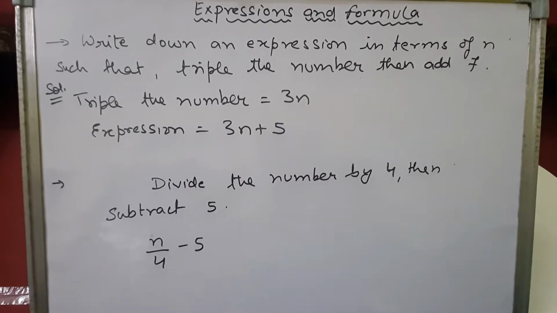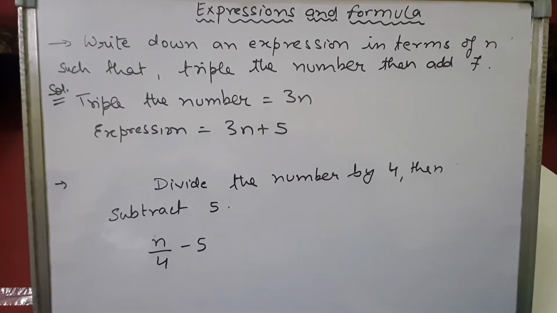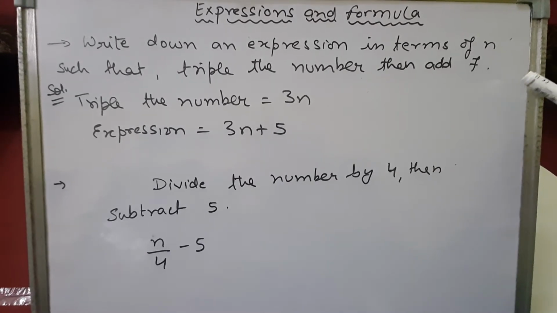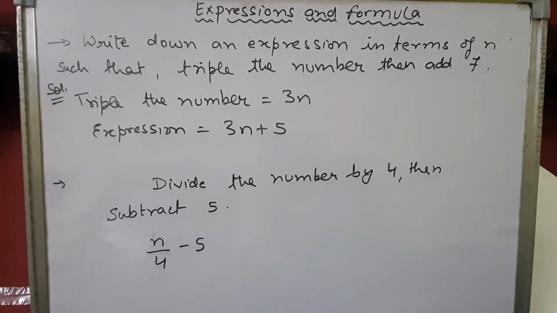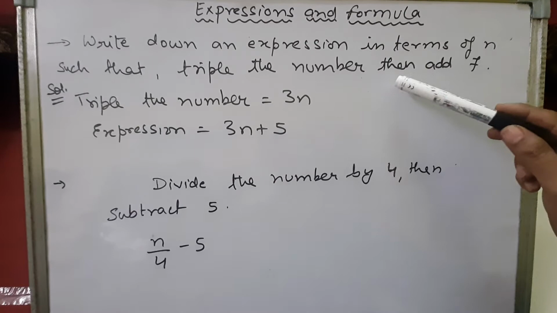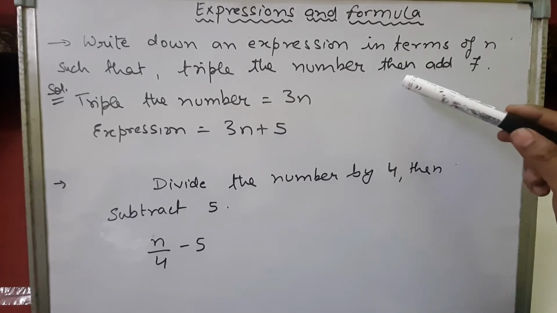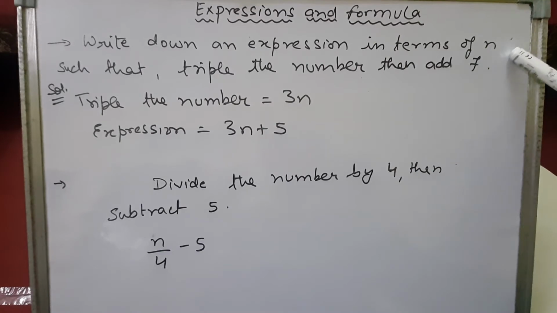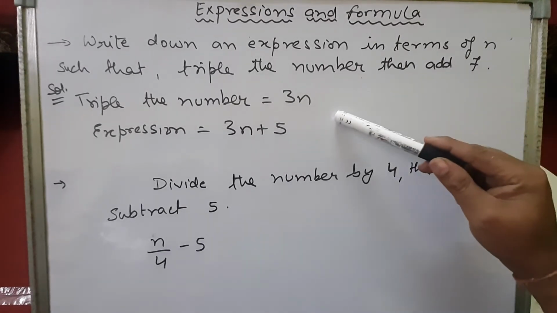Let's see a few sums, children. Here it is written, write down an expression in terms of n such that triple the number, then add 7. Triple the number or 3 times a number, that means we have to multiply the number, and the number is given as n.